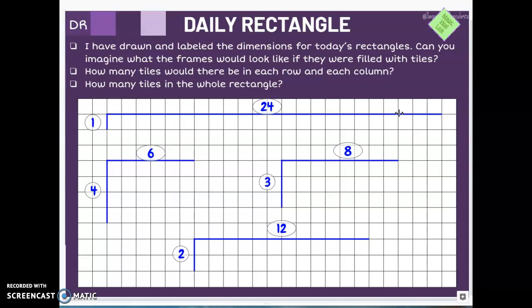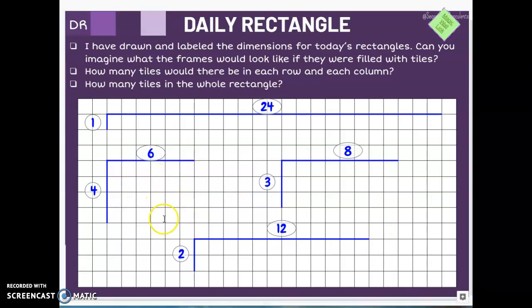There's 1 row. How many tiles are in this 1 row? You can't show me on your fingers, but there are 24. There are 24 tiles in this 1 row. So how many tiles in the whole rectangle? Show a connection if you're thinking 24. That's good thinking.